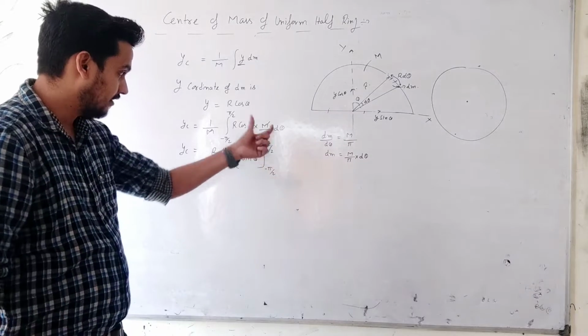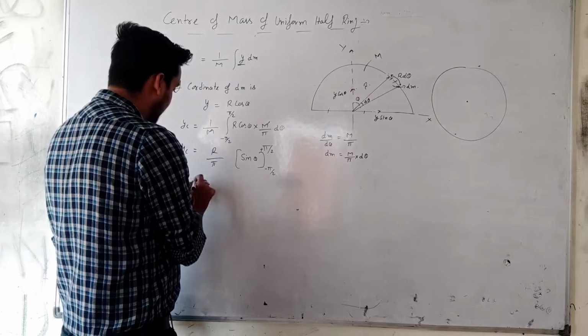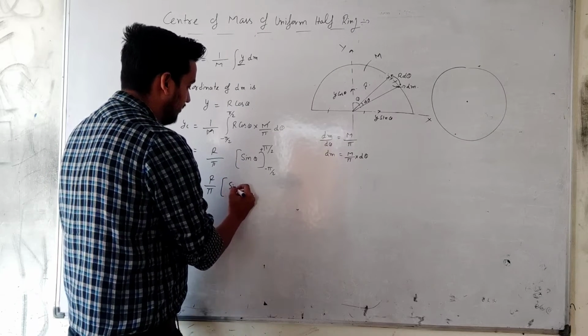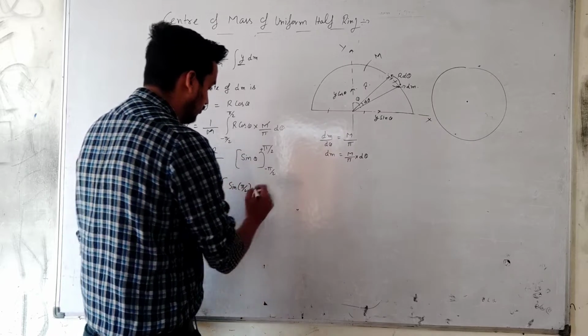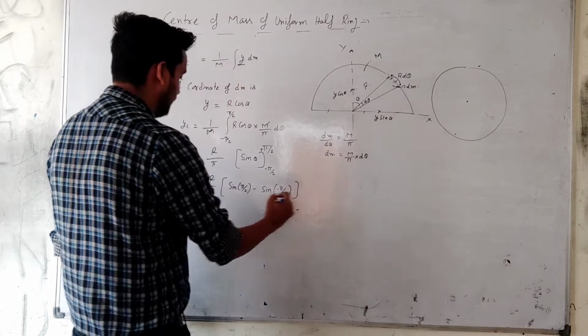So in place of theta, we now fill in the limits. Then we get r upon pi, sine pi by 2 minus sine minus pi by 2.